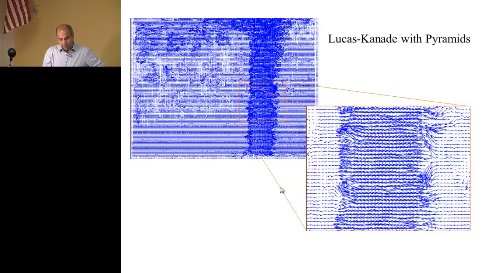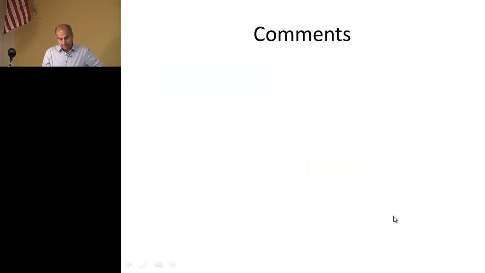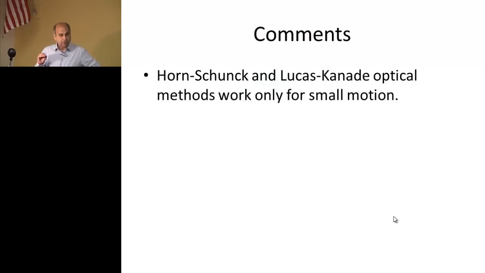So we're going to talk about how to change this using pyramids so that we can apply the same Lucas-Kanade, which gives you much better results, which is shown here. Okay?